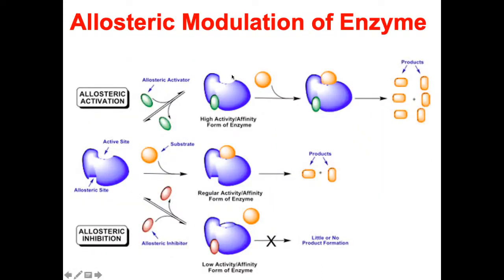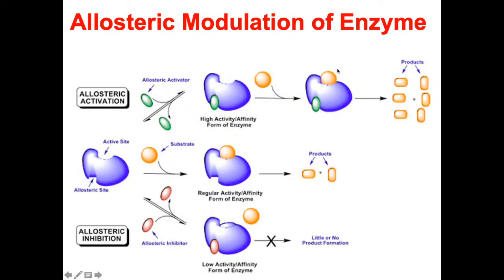Then allosteric modulation of enzyme. So there is allosteric activation. You have your enzyme here, an allosteric site, and an active site. If allosteric activators are there, they bind to the enzyme, making it a highly active form, and then your substrate can be attached here.